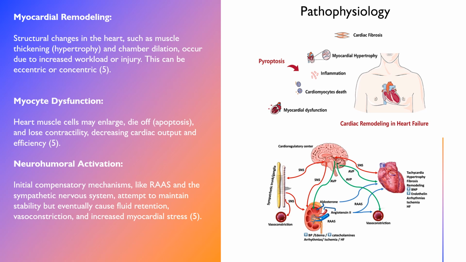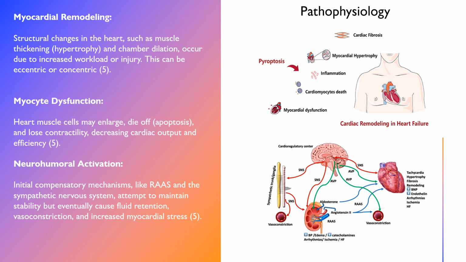Cardiac myocytes, or heart muscle cells, can exhibit hypertrophy, undergo apoptosis, which is programmed cell death, and suffer from impaired contractility. These changes lead to decreased cardiac output and reduced efficiency of the heart.